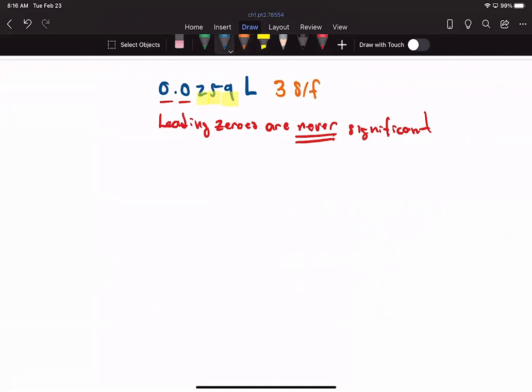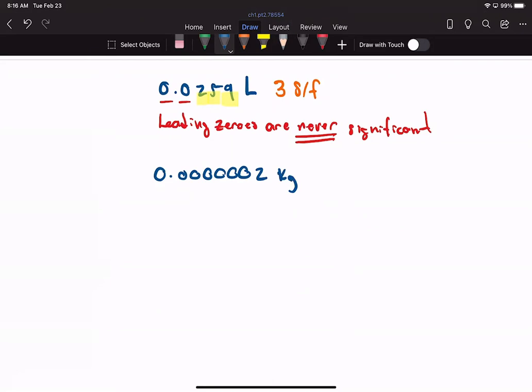It doesn't really matter how many of them we have. It's irrelevant. If they're in front, they're leading zeros, never significant, and there's never any exception to that rule. So it doesn't really matter how many I have, right? I'll say kilogram here.